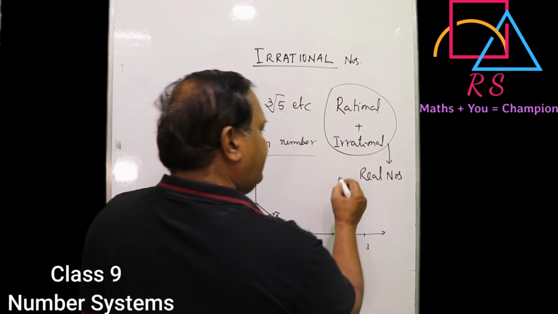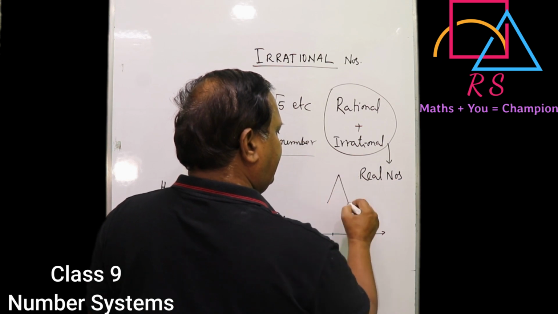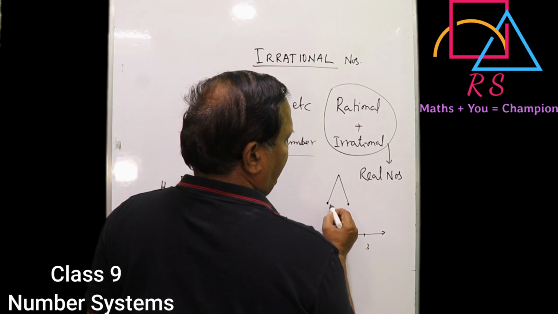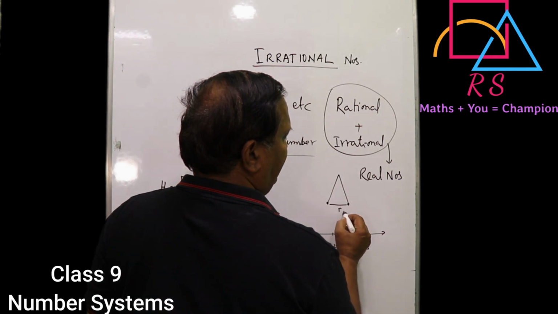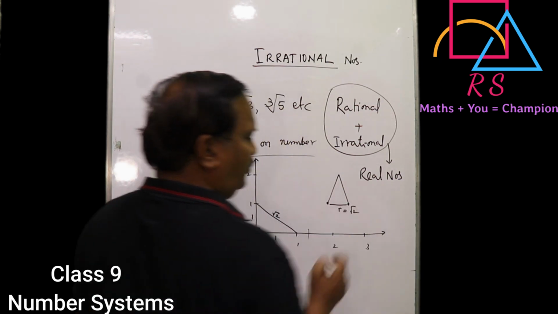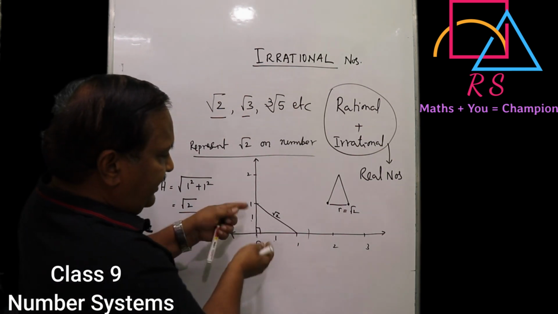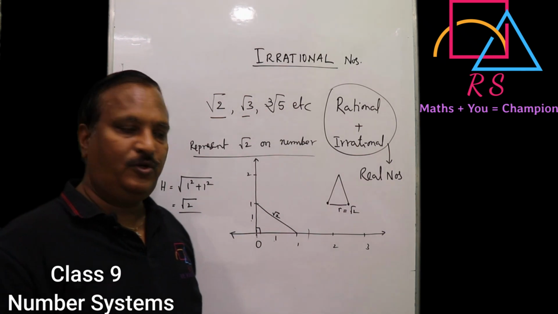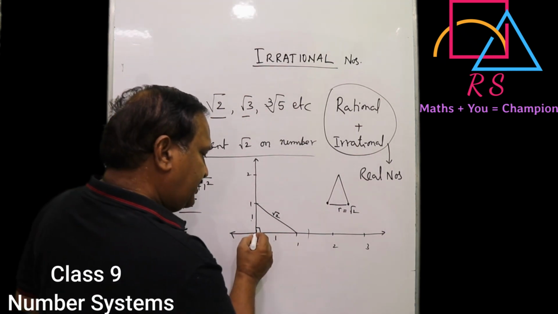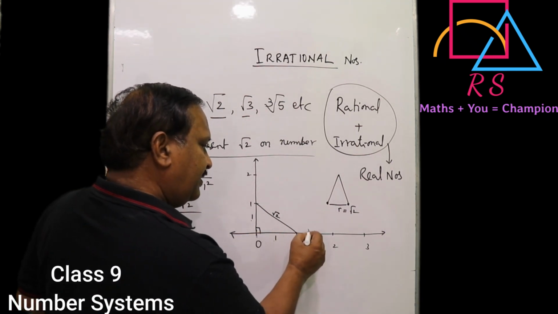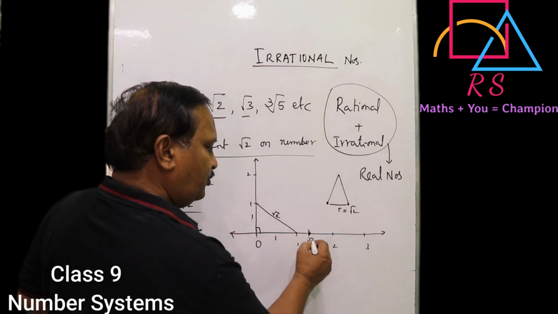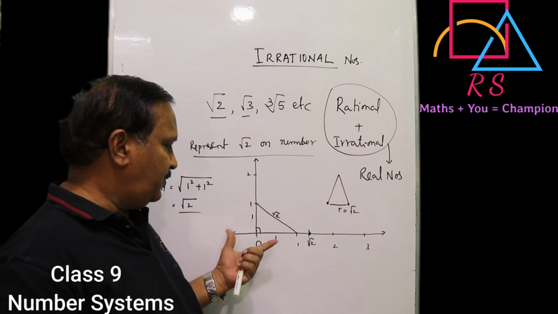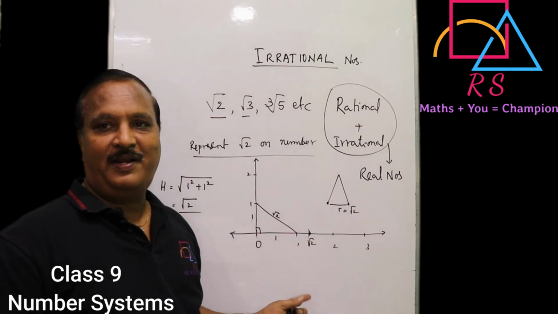So the compass will be like this. This will be the needle and this will be the pencil. In between is what we call the radius. This radius you have to take as root 2. That means you can keep the compass tips here. So then you will be getting root 2. So from 0 you cut and mark, and this will be root 2. So root 2 we have got on the number line.